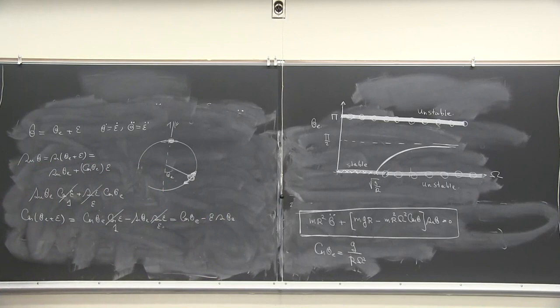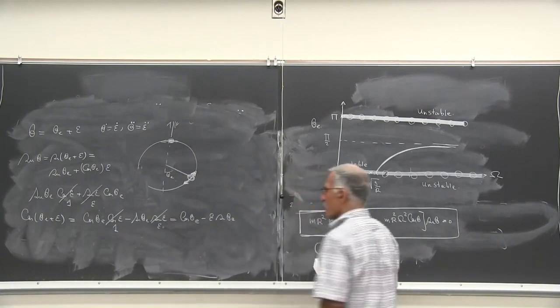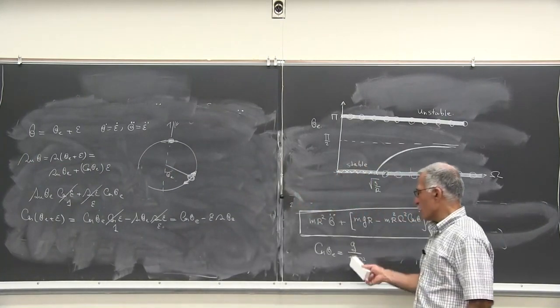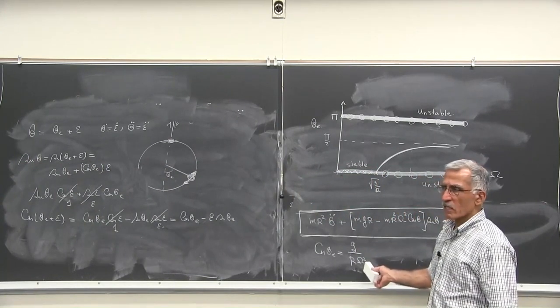So now you're all set, and you put everything back into this differential equation. Remember, cosine theta equilibrium is g over r omega square. That's the only thing I want you to remember.